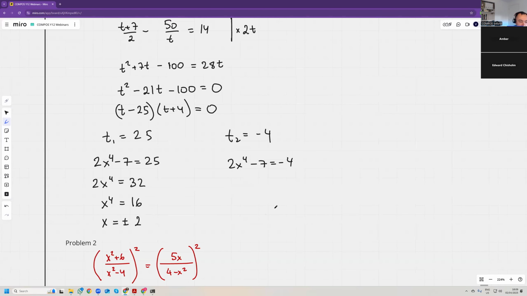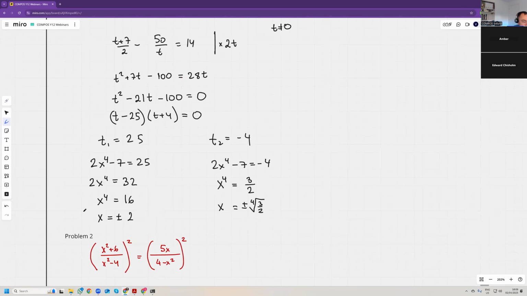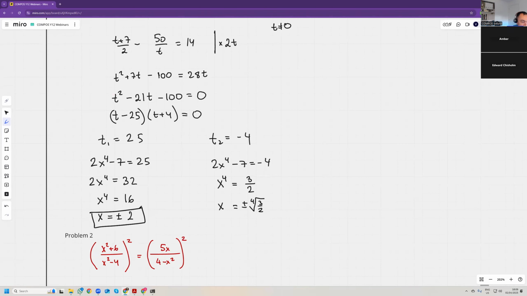In here I have x to the power 4 equals 3 over 2, x is plus or minus the 4th root of 3 over 2. Those are the solutions. So there are 4 answers, x1, 2, and x3, 4. Nice.